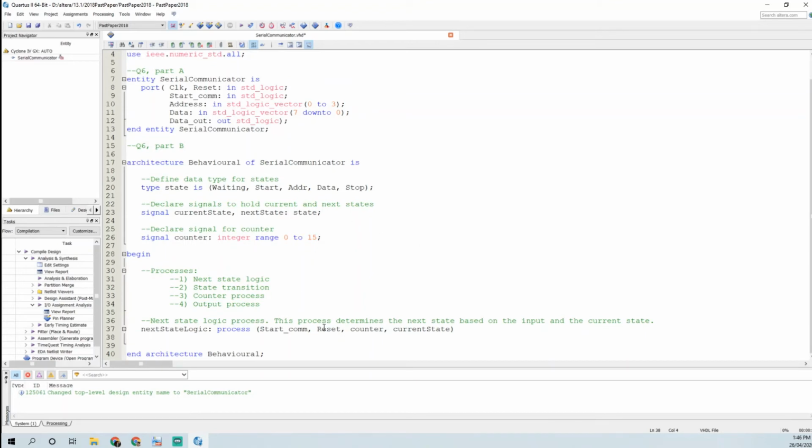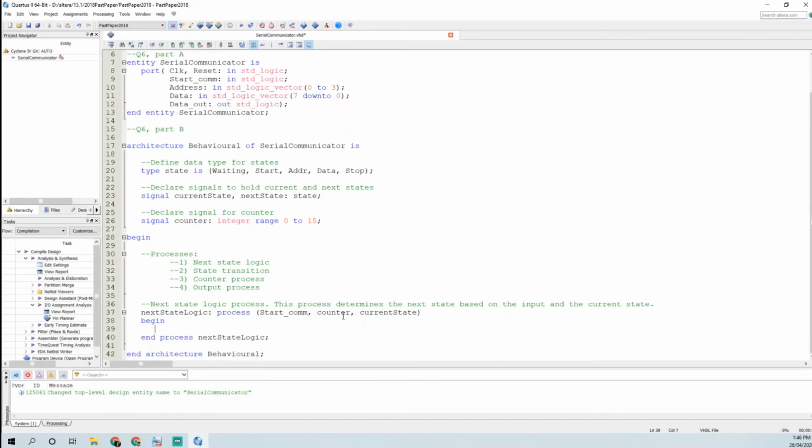As a matter of fact, the reset signal is not necessary here. It will be necessary in the other process. So I'm just going to write my begin and end keywords for this process, and we can begin.